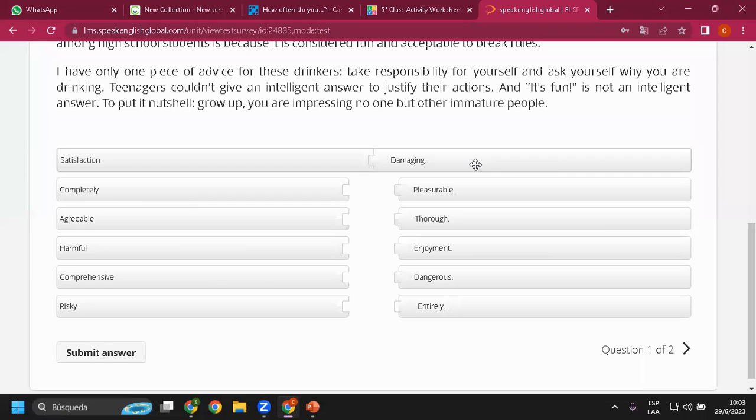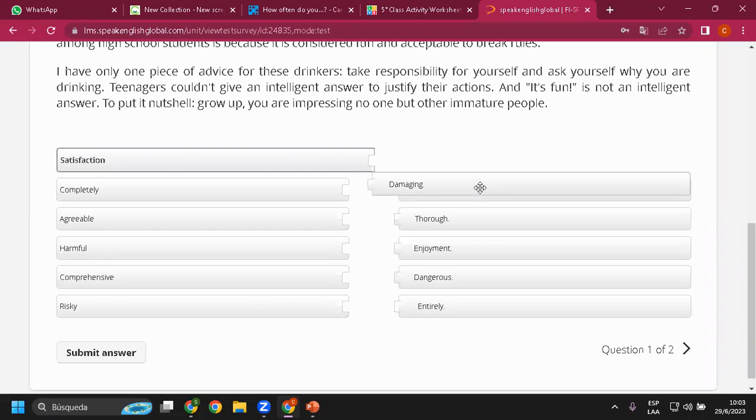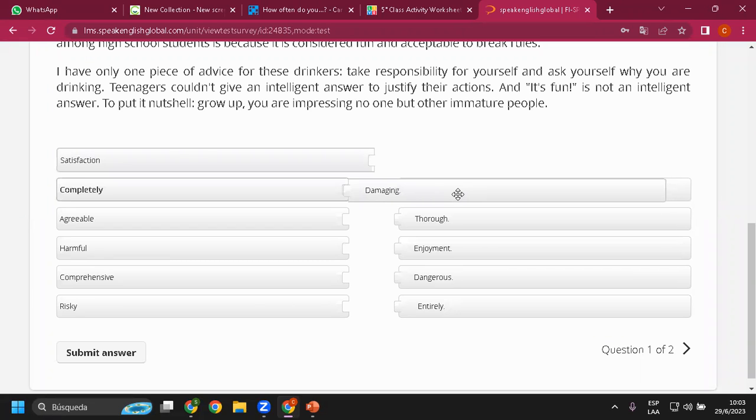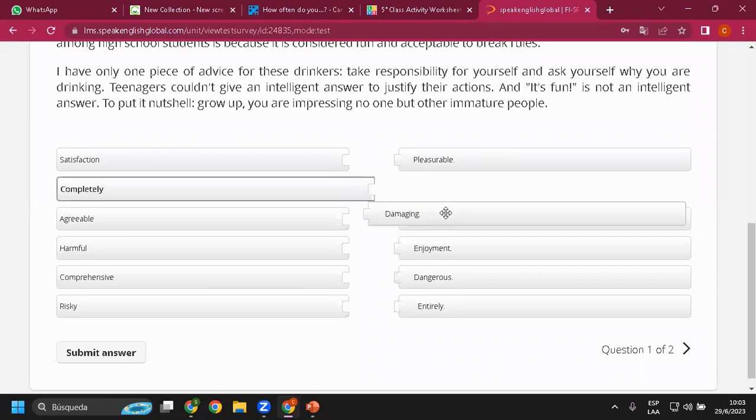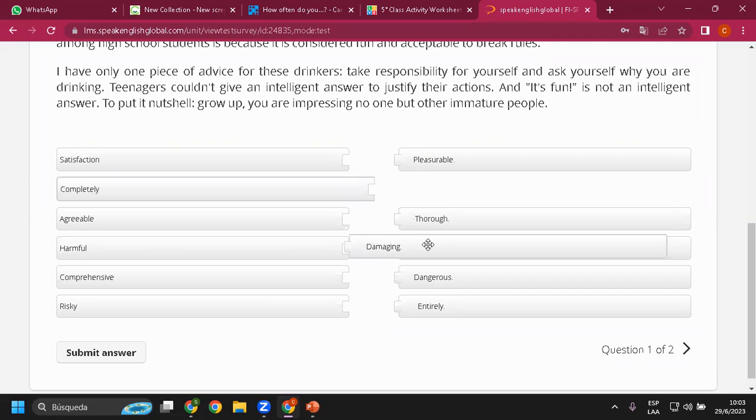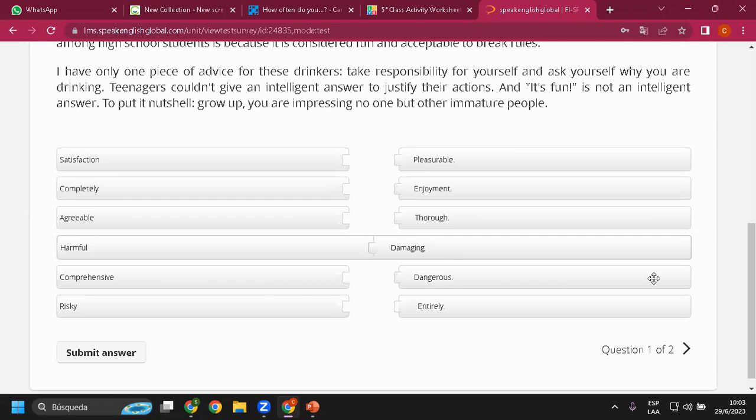Not really, right? Do you think that damaging and completely is the same? Not really, right? So in this case, the best option is harmful. Harmful has the same meaning as damaging.